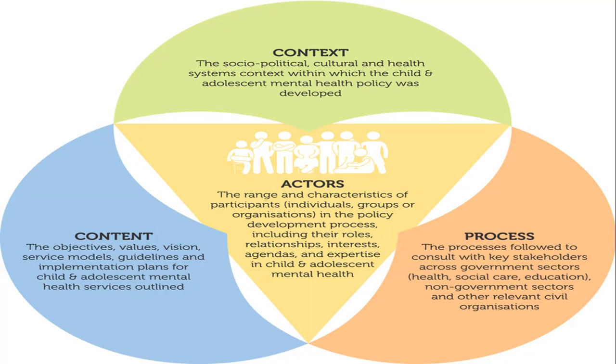Actors: the range and characteristics of participants, individuals, groups or organizations in the policy development process, including their roles, relationships, interests, agendas, and expertise in child and adolescent mental health.